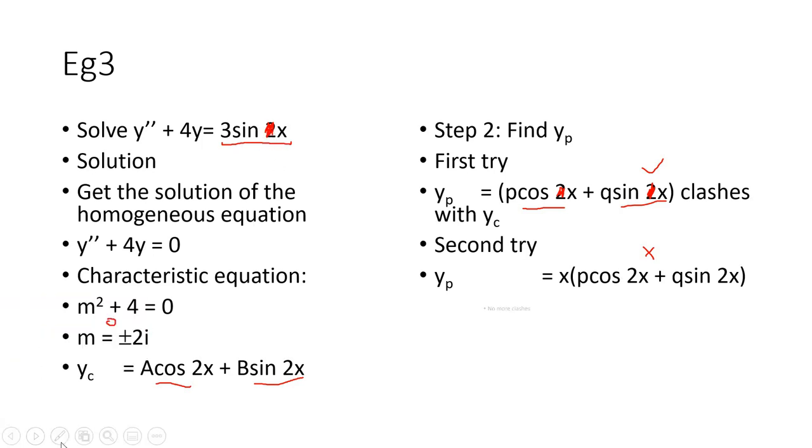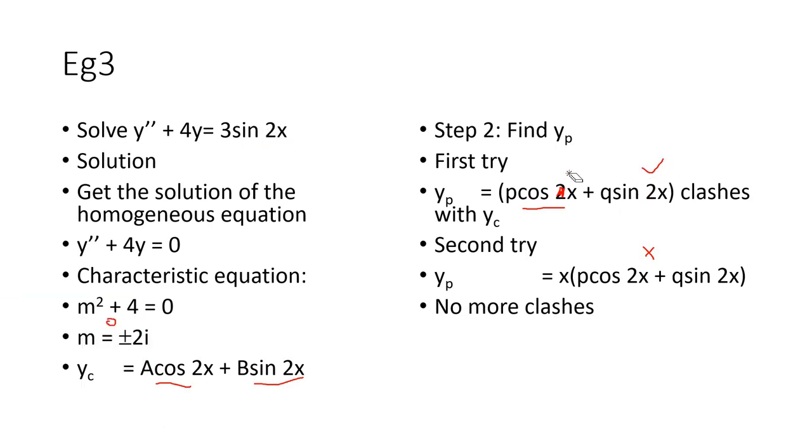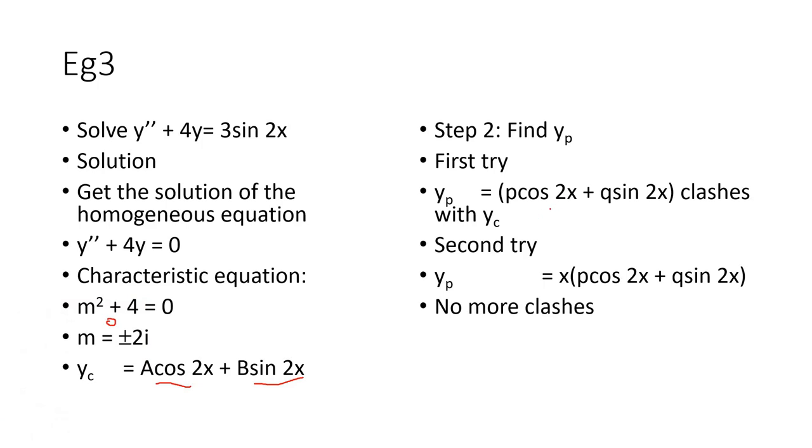However, we purposely choose this one, the clash one. So we purposely designed this one as a clash. You have here cos 2x, sin 2x, exactly the same terms as yc, clash. So you have to multiply by x.